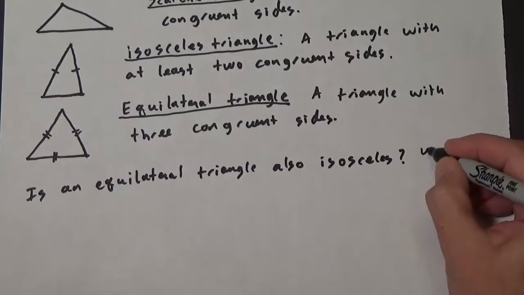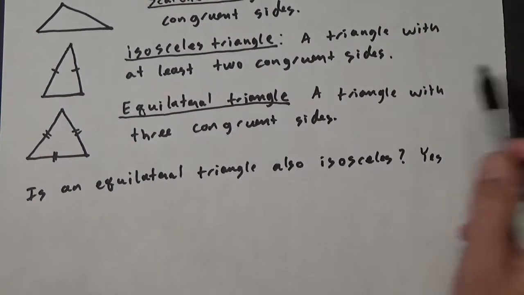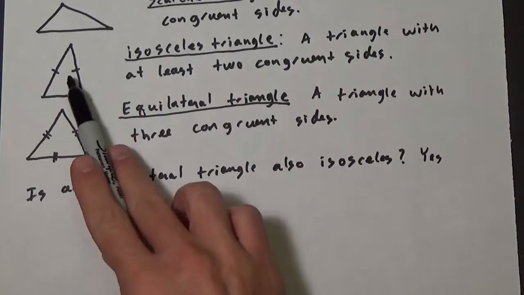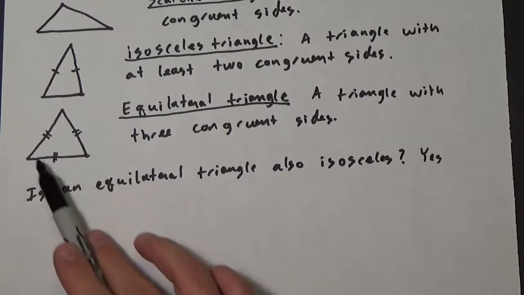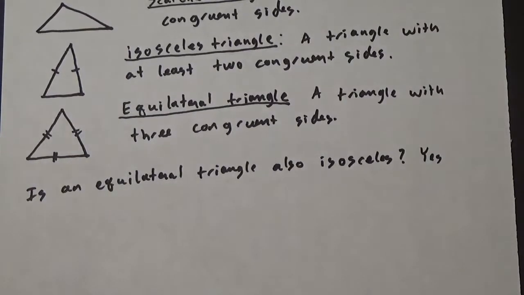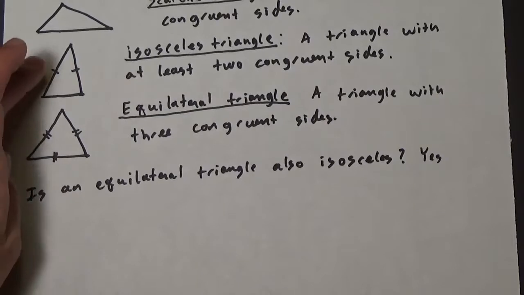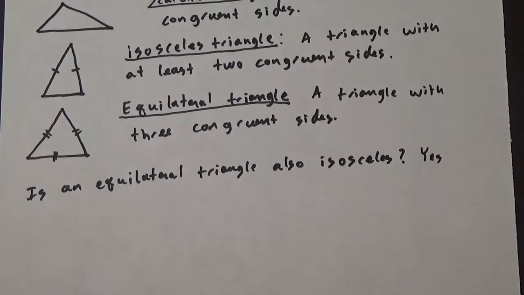And the answer to this is yes. An equilateral triangle is an isosceles triangle. However, we always call it an equilateral triangle. We always want to use the best name to identify a figure, so we will always say equilateral, even though isosceles would be correct.